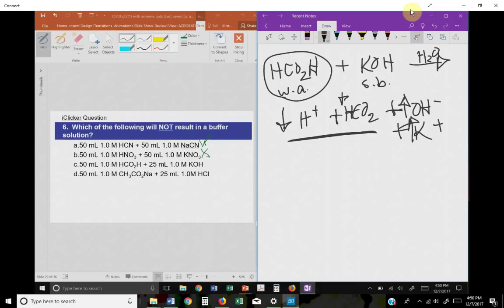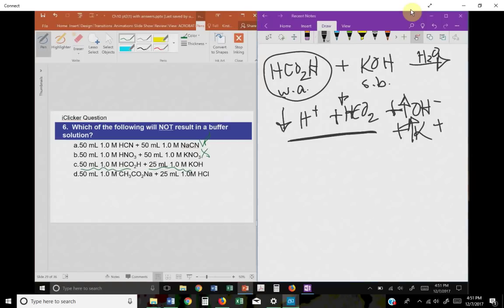And I have now only a small amount, but I've got lots of base. So I've got some weak acid, but let's look at our concentrations over here. I've got half the amount of strong base than I do weak acid.